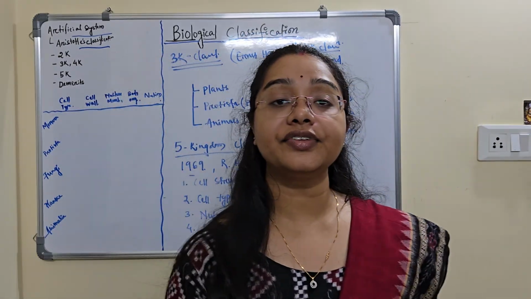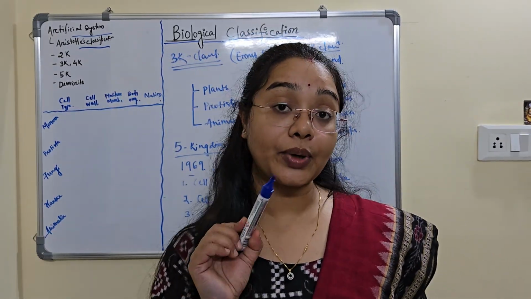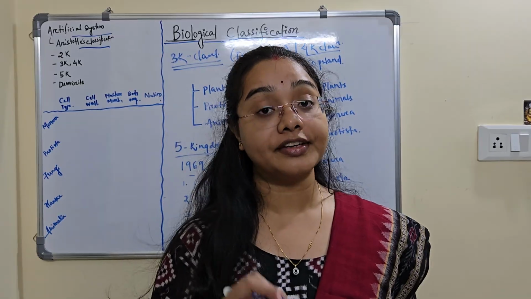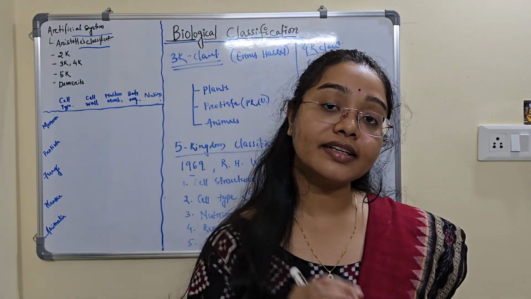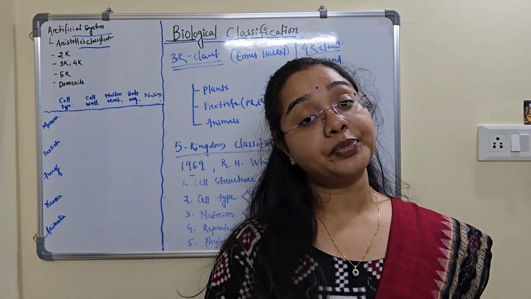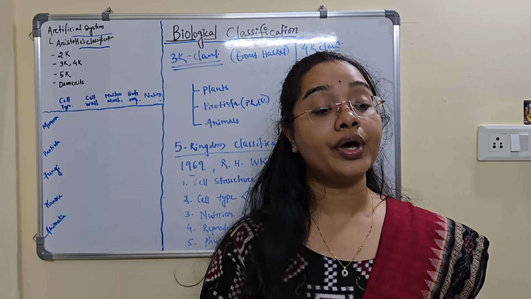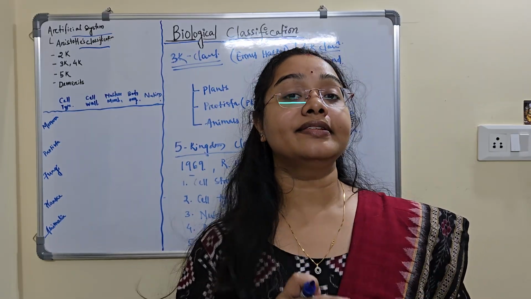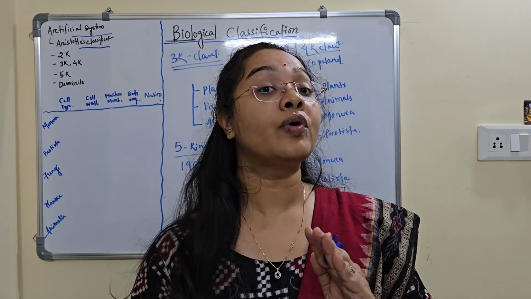Okay, so the phylogenetic relationship actually takes into account the ancestral history of an organism. So what is an ancestral history? It represents how an organism is connected to its ancestor by what means.